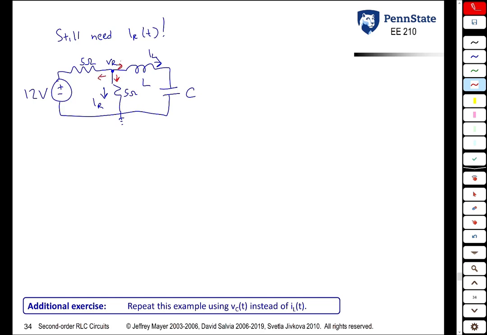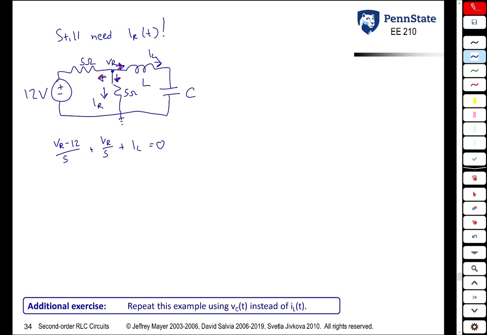Our goal is to find an expression for IR in terms of IL. If you do KCL at this node, we get (VR minus 12) over 5, that is that current, plus VR over 5, that is that current, plus the current to the right, it's just IL, is equal to 0.